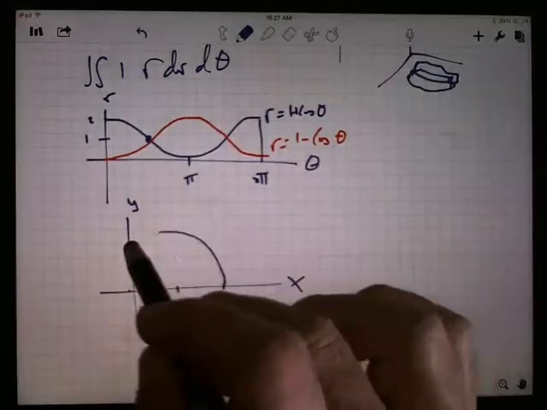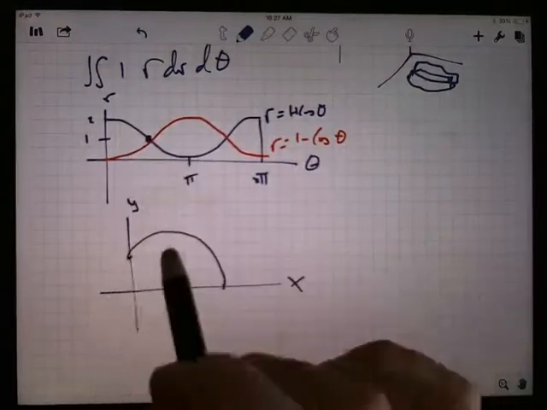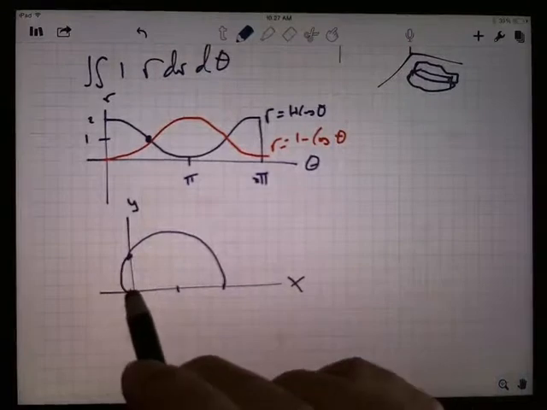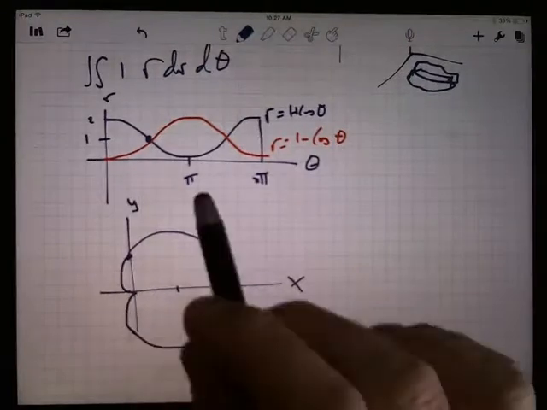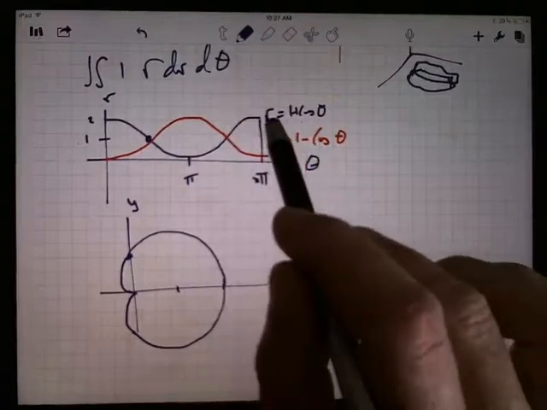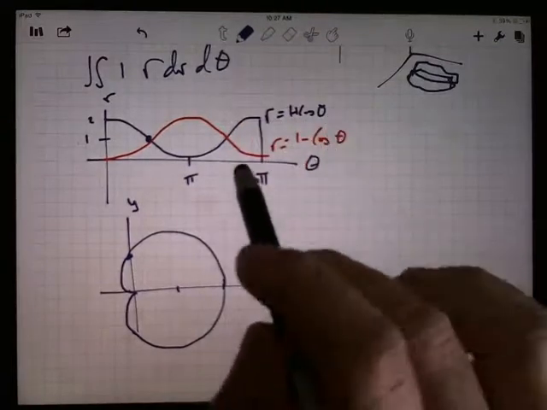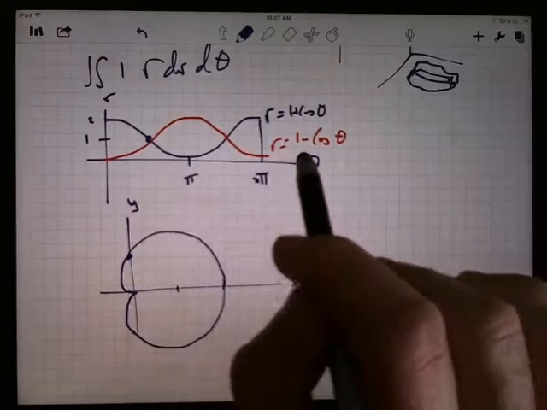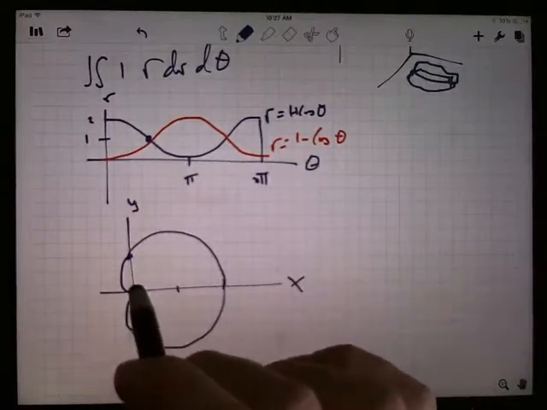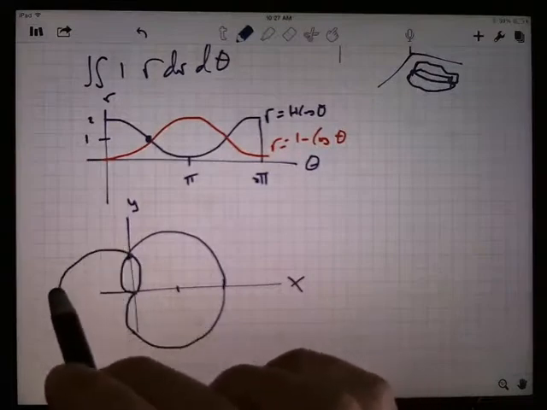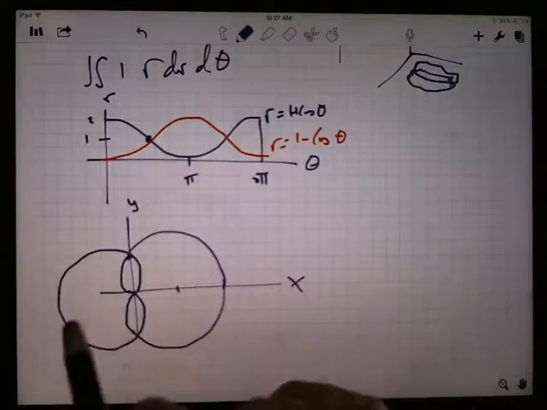So it comes out like this. And then by the time it gets to pi, you're down to 0. Then it comes back up to 1 and works its way back up to 2. So that's the cardioid, r equals 1 plus cos theta. 1 minus cos theta does the other thing. It starts here and then it works out and then it comes back into 0.